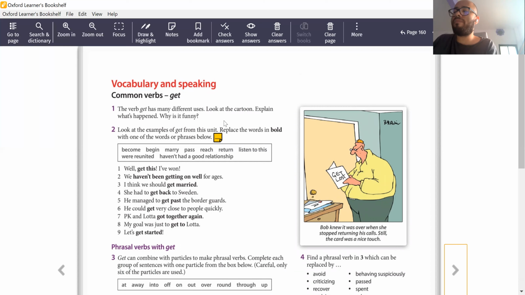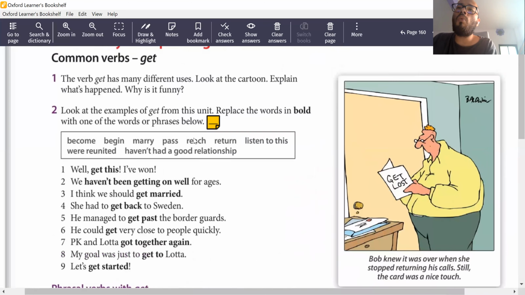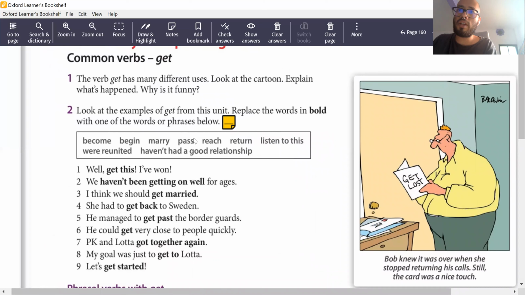This is a very common verb, get. Depending on what you say after get, it has lots of definitions, in formal or informal English. For example, one of the definitions can be begin, become, marry, pass, reach, return.